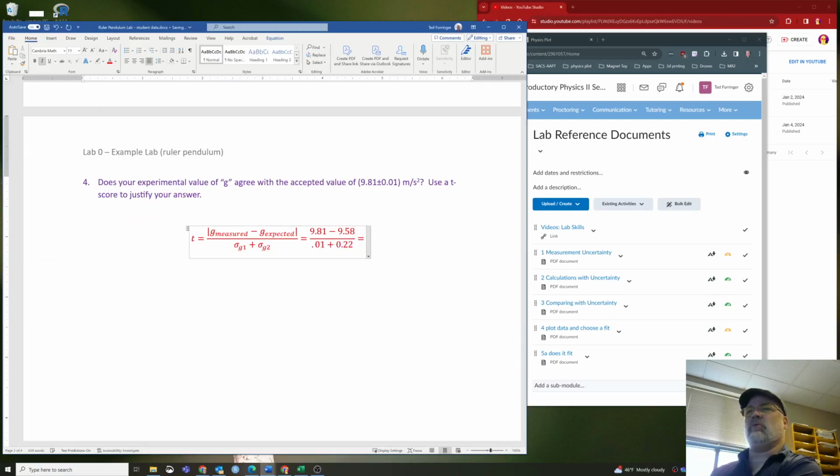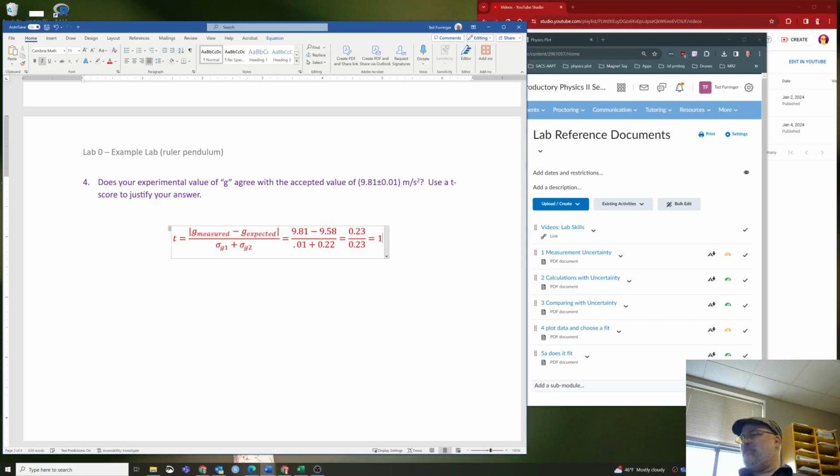So that's equal to 9.81 minus 9.58, which is, oh, that's fun, 0.23 divided by, and it just sort of magically turns out here that we also got 0.23 for the denominator, so our t-score is exactly 1.